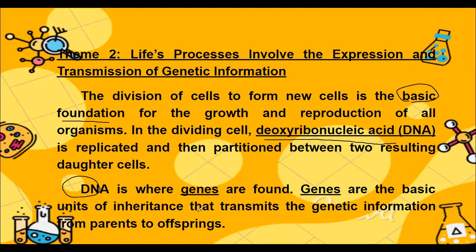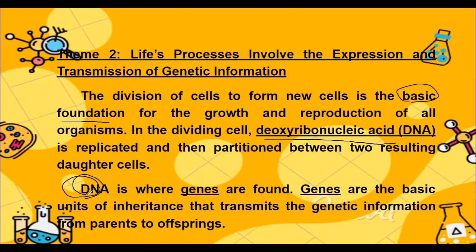So this DNA controls the development and maintenance of the whole organism. So it is also responsible directly for everything that organism does. And also, the DNA is the storage space for genetic information. So it is composed of nucleic acids, which are building blocks of genes.